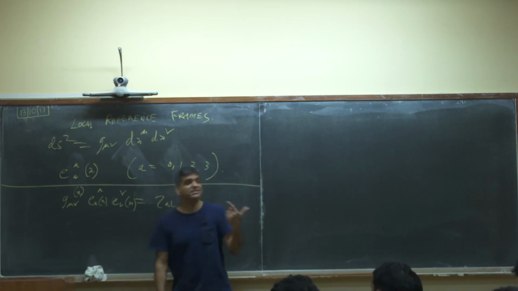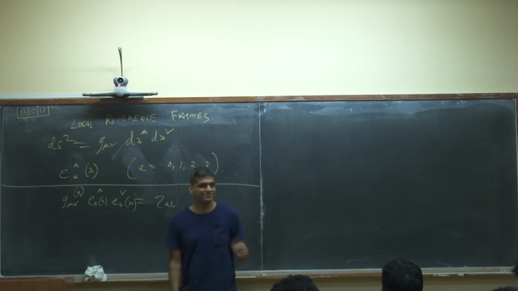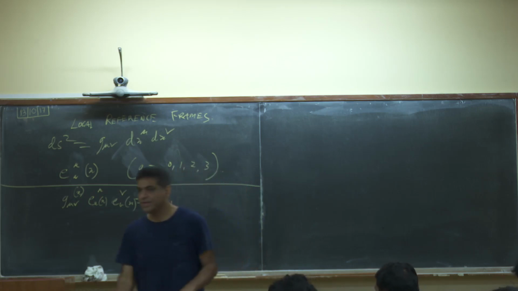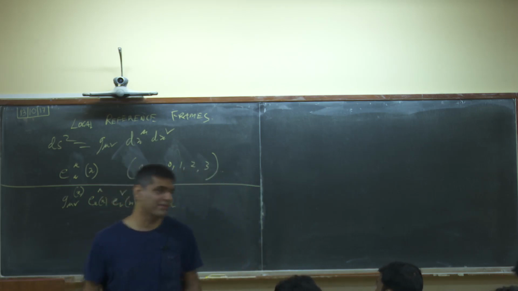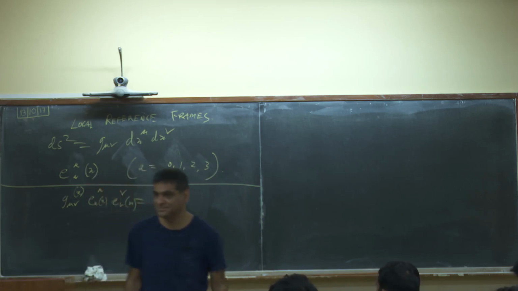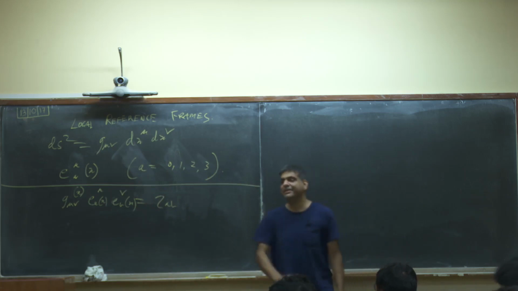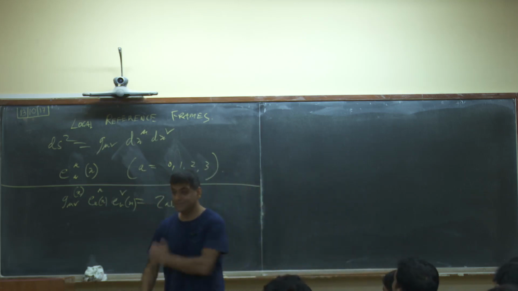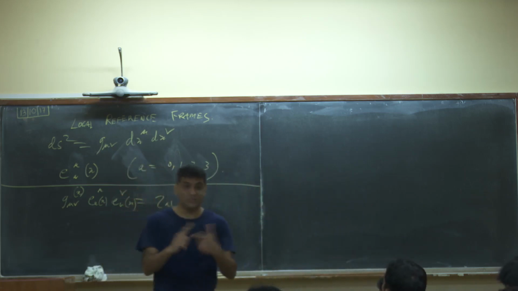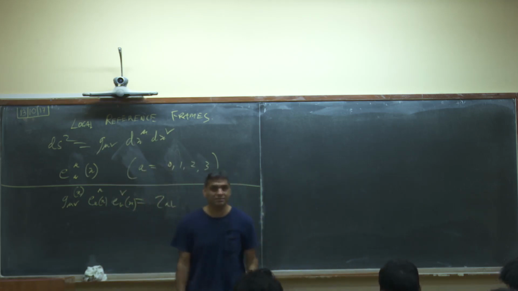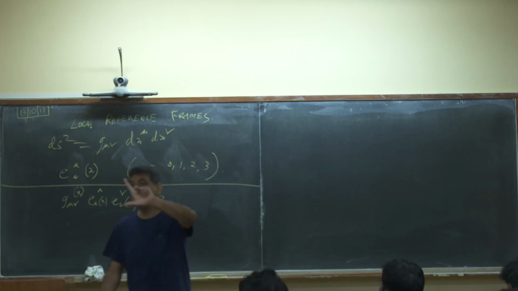E1 mu is a vector field which everywhere has norm 1. E2 mu is a vector field which everywhere has norm 1. E3 mu is a vector field that everywhere has norm 1. And E0 mu is a vector field that everywhere has norm -1. So we've chosen 1 time-like and 3 space-like unit normalized vector fields. But that's not all, because this equation has meaning not just for diagonal terms but also for off-diagonal terms. We've chosen them so that they're everywhere orthogonal.